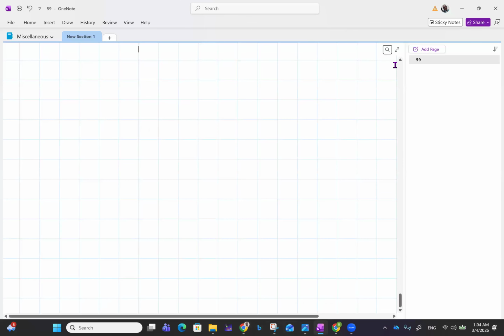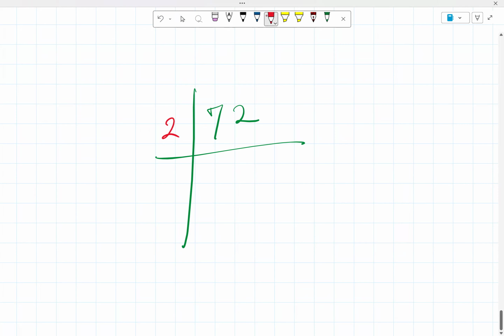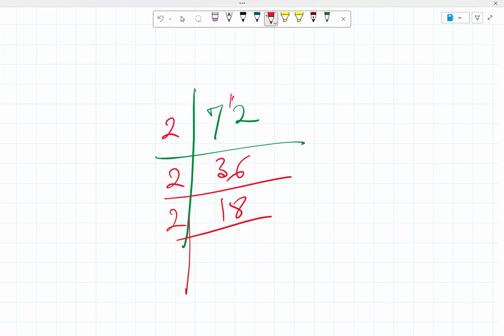Or to do it in a more methodical way, you have 72 here, and you want to express it as a product of its prime factors. Of course, because this is an even number, 2 can divide it. So 2 in 7 is 3, remaining 1. 2 in 12, that's 6. Then again, 2 goes into 36 because it is still even, so 2 in 36 is 18. Then 2 again can go, we have 9. Then 3 can go into 9, you have 3.